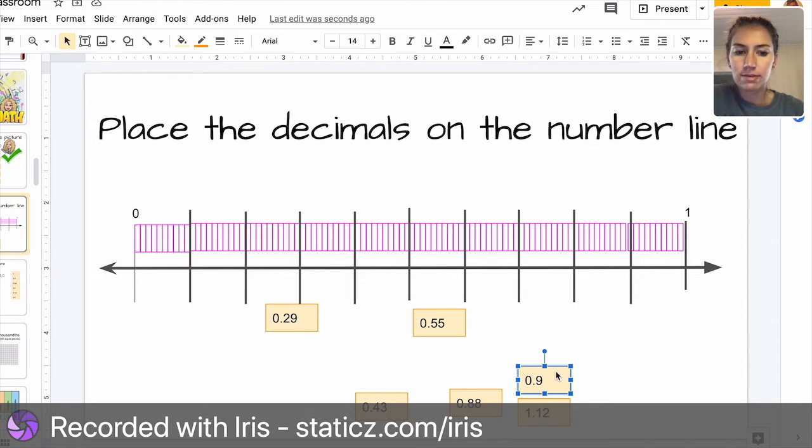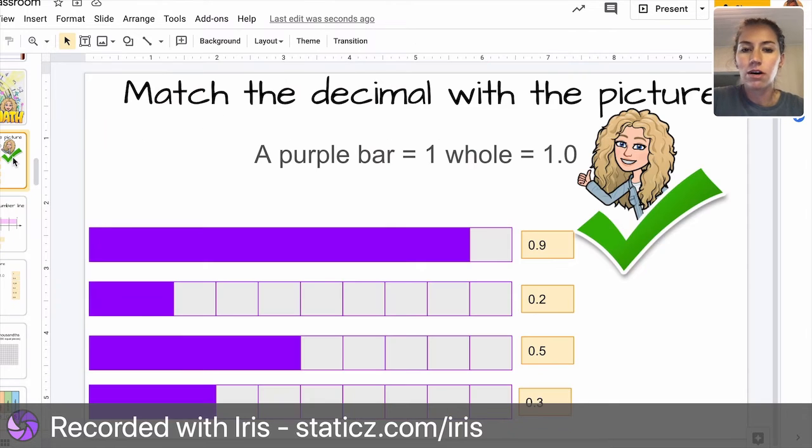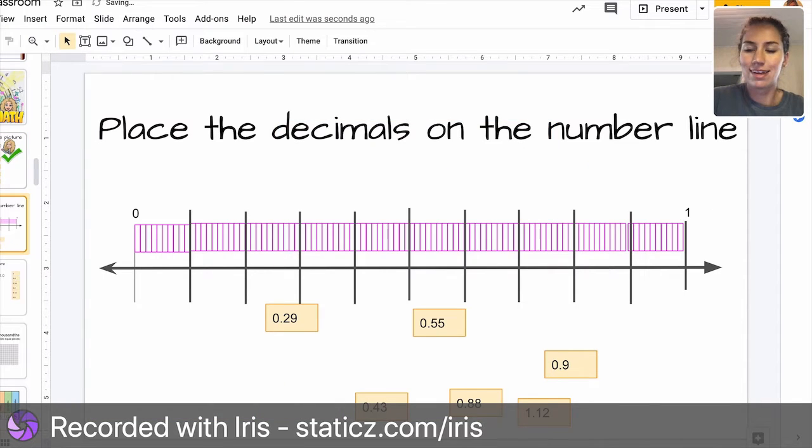So let's look at this one. Now this is to the right of the decimal place. Is that a tenth or a hundredth? Well, in number 1, you all figured out that that's a tenth. So 9 tenths, whoops, wrong thing.